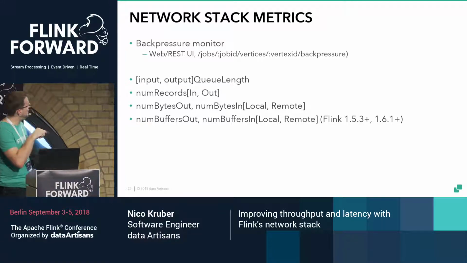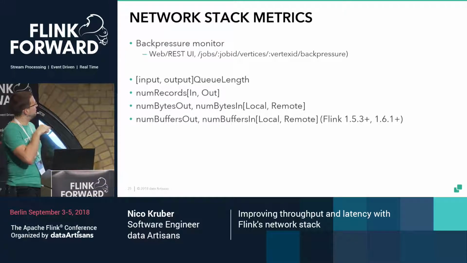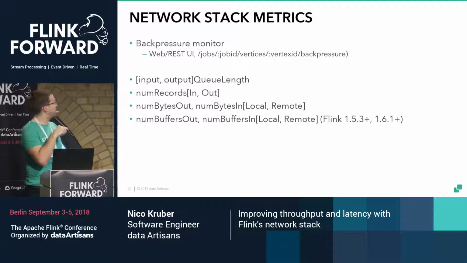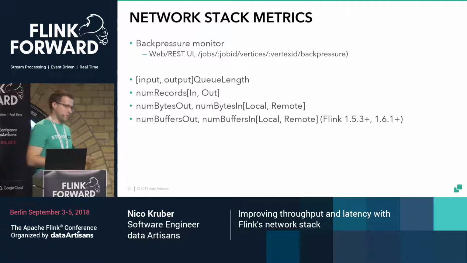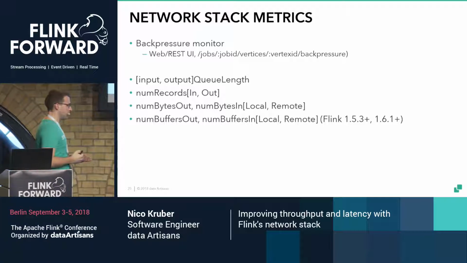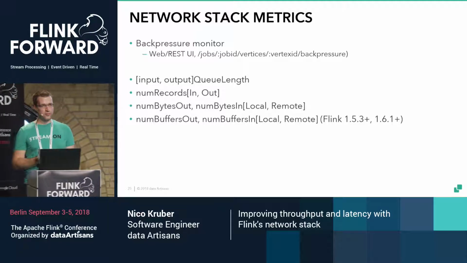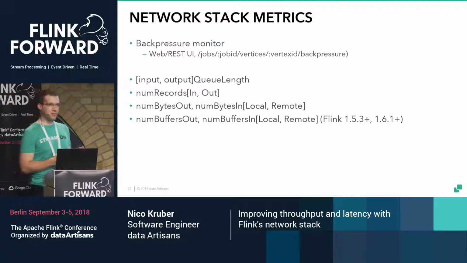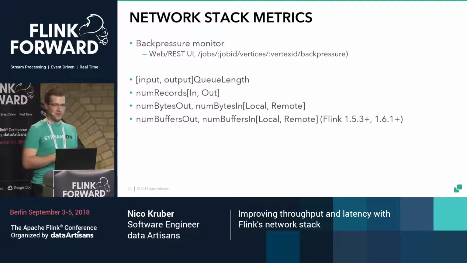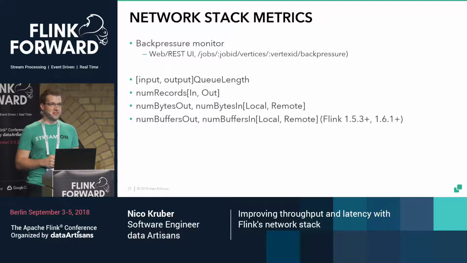The input queue lengths and output queue lengths can be seen as an indicator for backpressure as well. And the other two are for debugging the low latency changes, or whether you use the network at its full capacity. Because we do send partial buffers now, well, we always did, you might end up with only small portions being sent anyway.